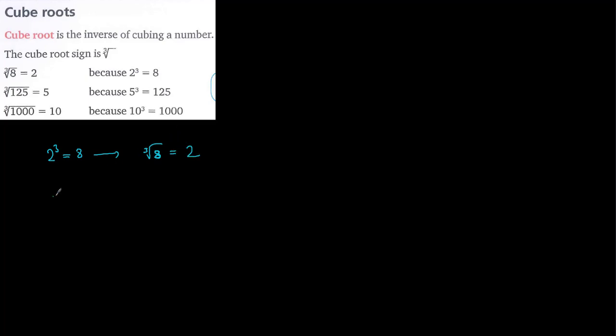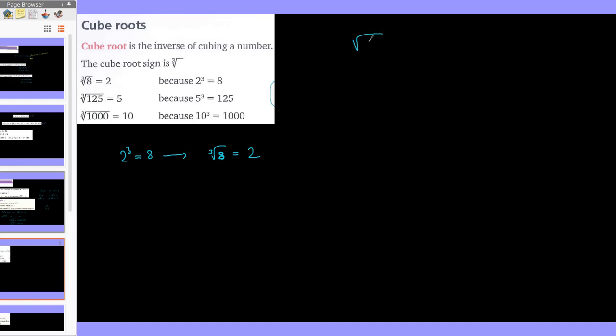Here the important part is that there is no positive or negative case. If you remember, the square root of 4 can be equal to 2, or also minus 2, but your answer is always the positive one, if it is asked.